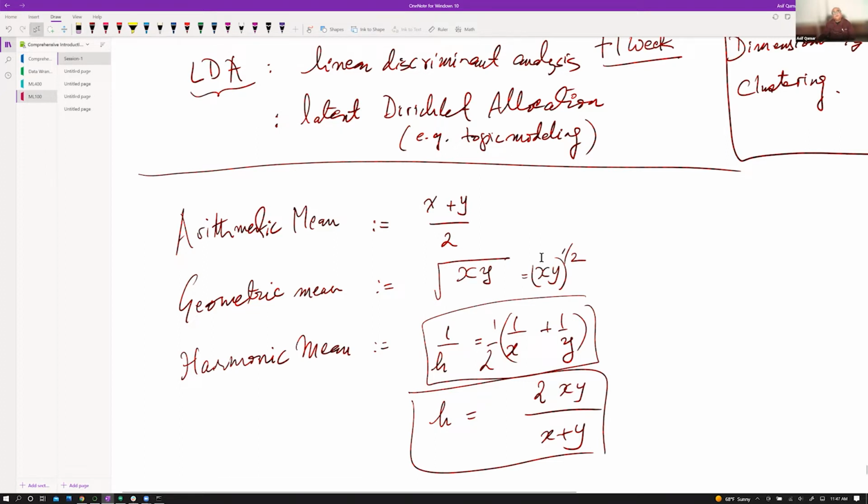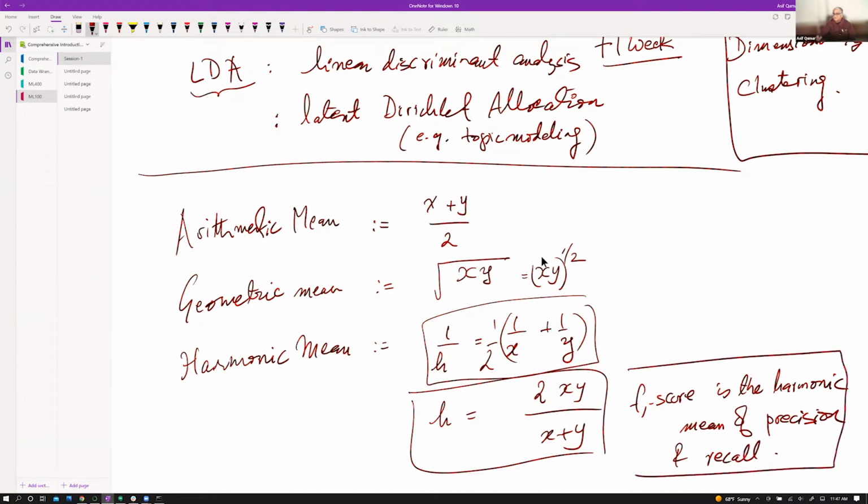So F1 score is the harmonic mean of precision and recall. This is its definition. Are we together?